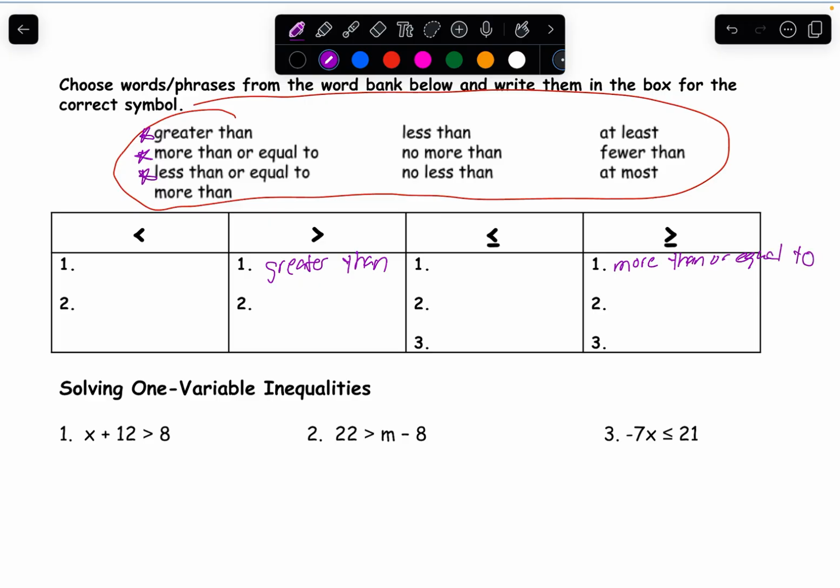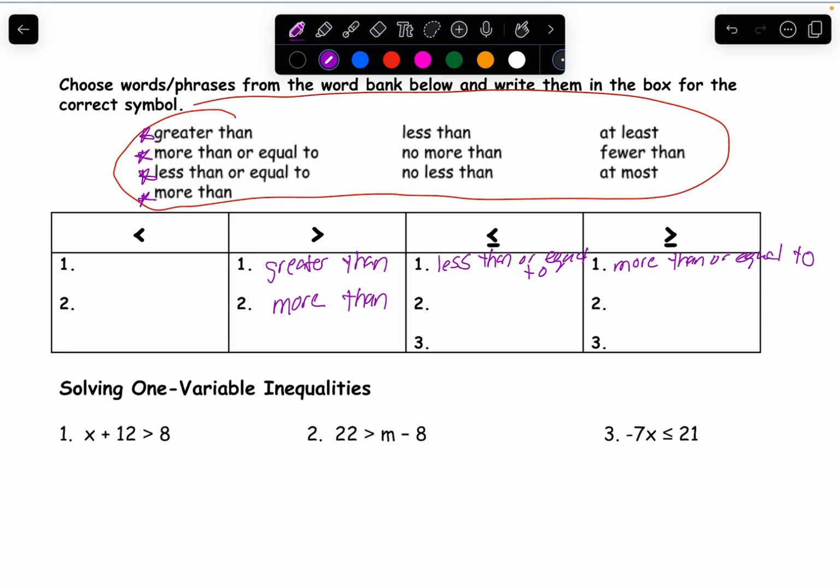Less than or equal to would be the third statement. More than, okay, so that's just a different way of saying greater than.